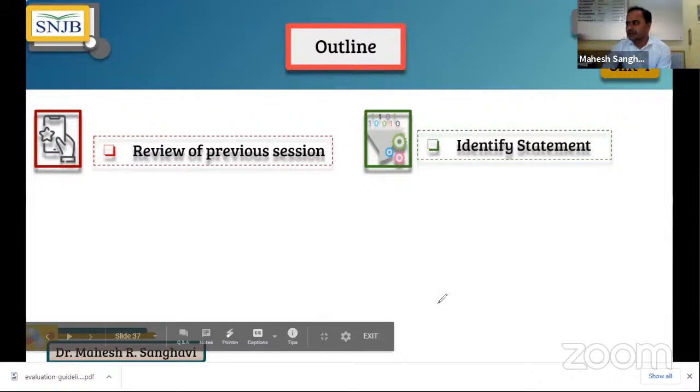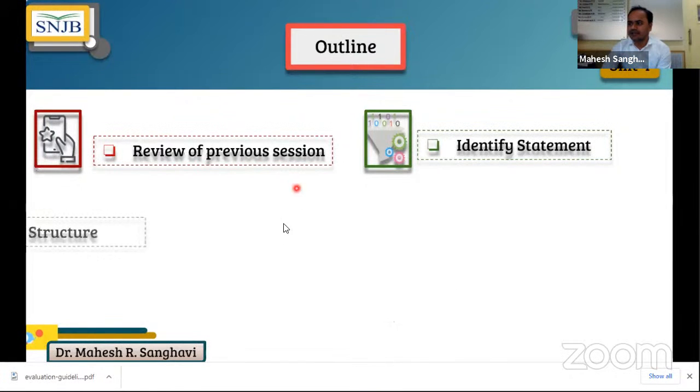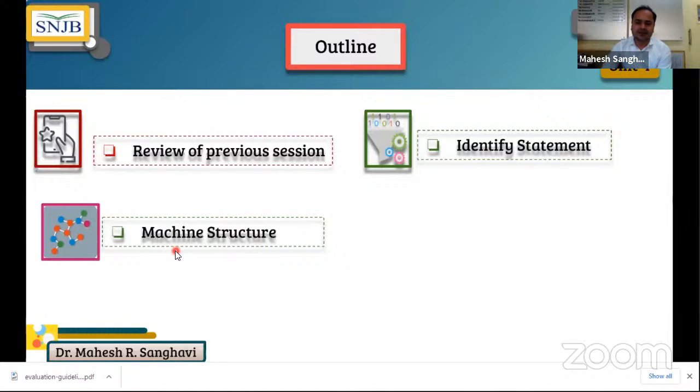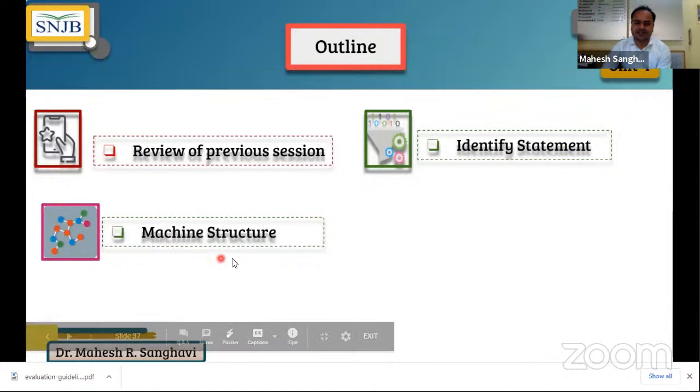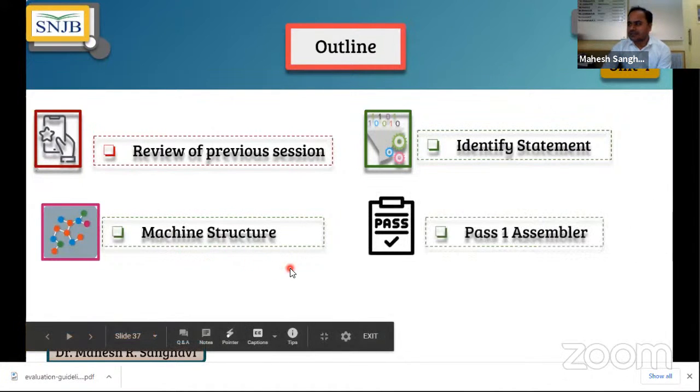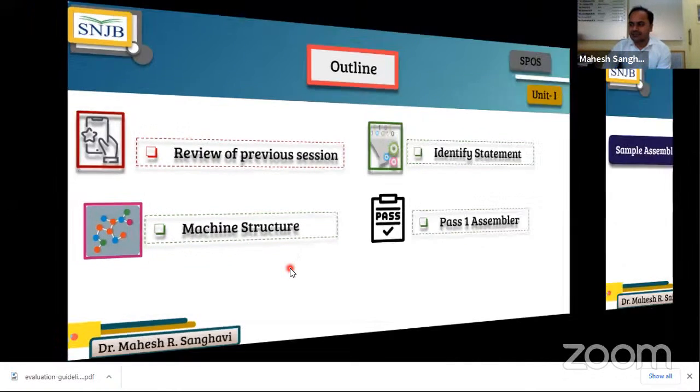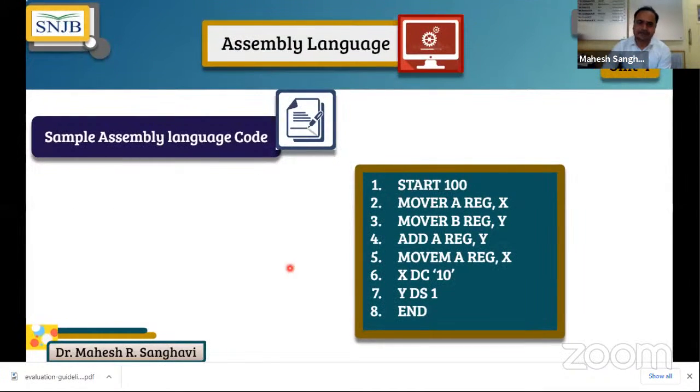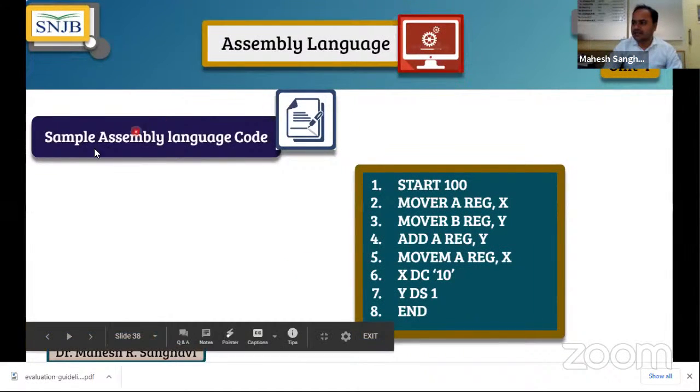Then today's aim is to understand the machine structure. Then we'll focus on the two pass assembler, and from that, pass one as well as pass two. So let's focus on the assembly language.